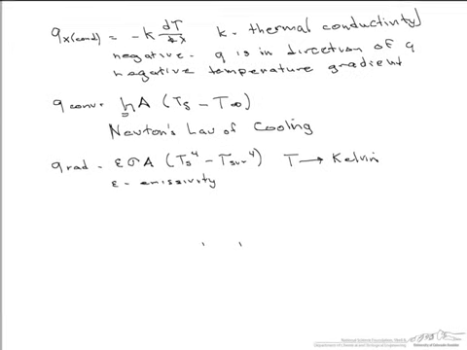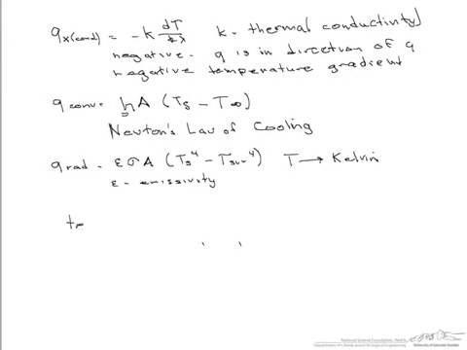The next thing we're going to talk about are the terms that are important in heat transfer. So Q, which is what we were looking at before, is the heat rate. And this is in units of watts, which is joules per second. So this is energy per time.